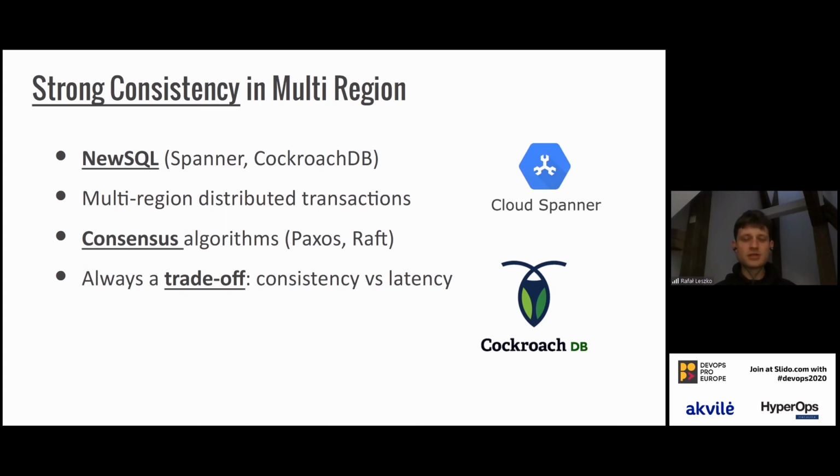So read how they do it. They do some tricks, but still it's a trade-off between consistency and latency. They also implement consensus algorithms, so that if you have your data centers in a lot of regions, not all of them have to agree on the same value, but just the majority. There also you can have distributed transactions, but it will always be a trade-off between consistency and latency.